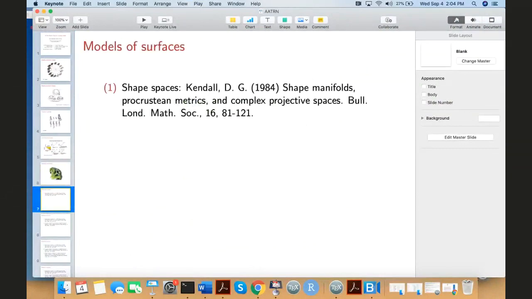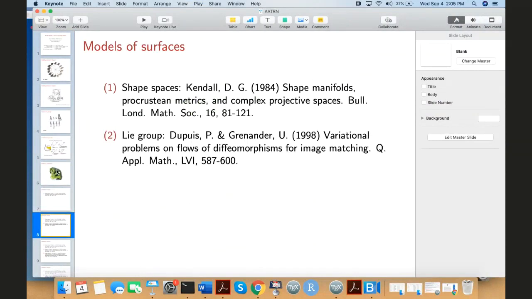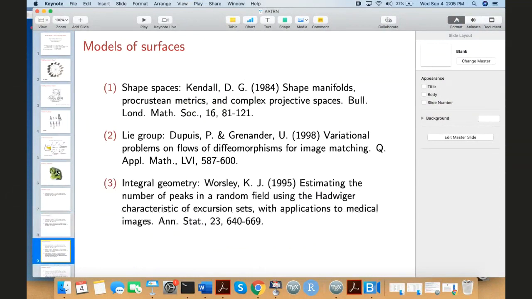So classically, there have been three ways of thinking about shapes. The old classic way is what are called shape spaces, and this was pioneered by Kendall, and I'll get into that. A more modern version of this is the Lie group or diffeomorphism approach, and this really came out of ideas from Ulf Grenander. We'll actually talk about approach 2 later on in this talk as well.